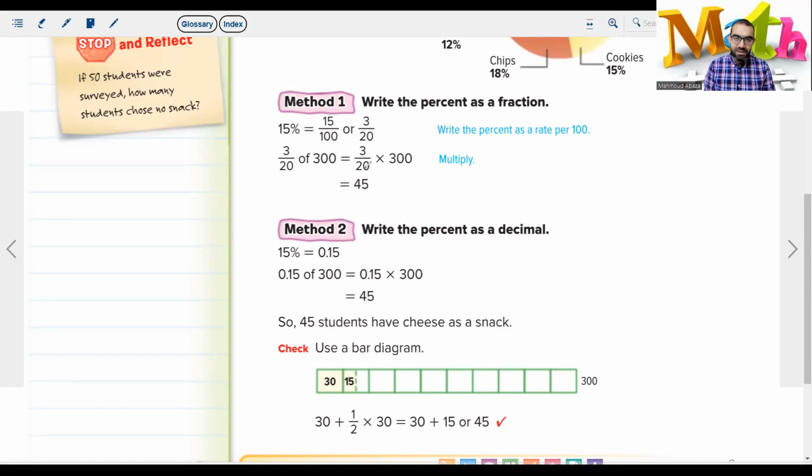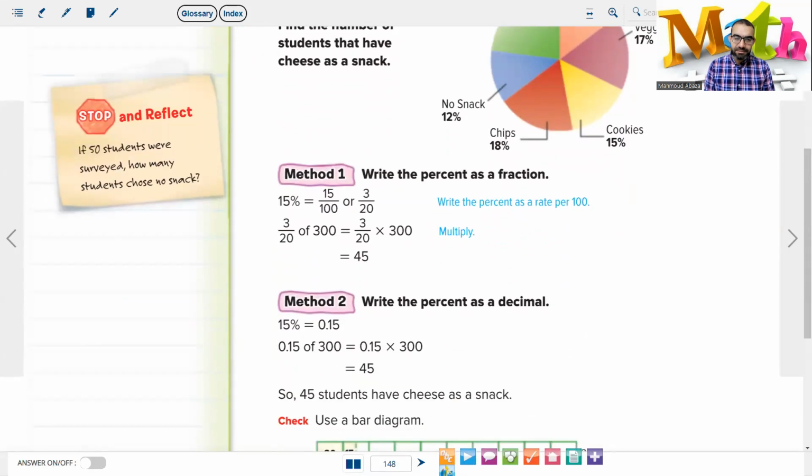We can cancel 10 down with 10 up. 3 multiplied by 30 gives you 90. It will be 90 over 2, means 90 divided by 2, means 45. So 15% of 300 is 45, which means 45 students said they like cheese as a snack.